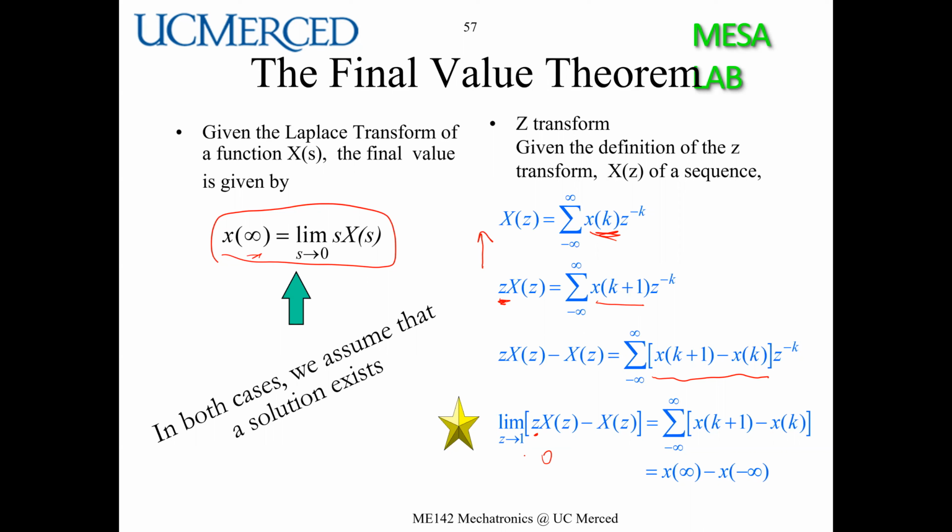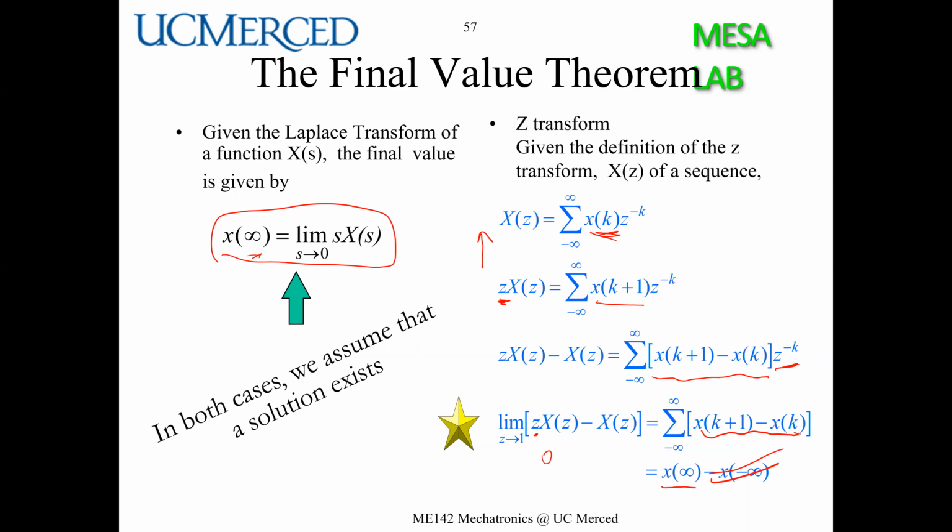Send this one to 1, and this is just to leave the first and the last. The last is always 0, we don't care. So the x infinity is, you're sending the z to 1, then this is 1.